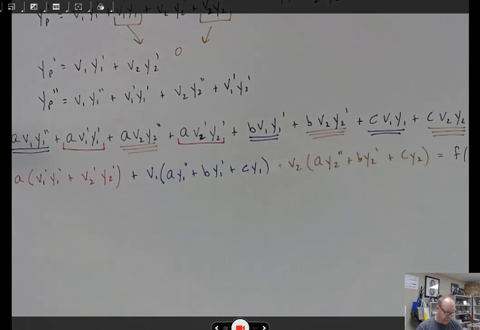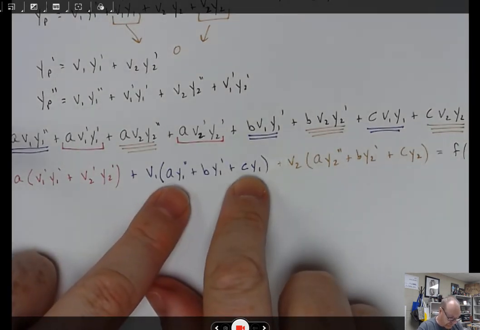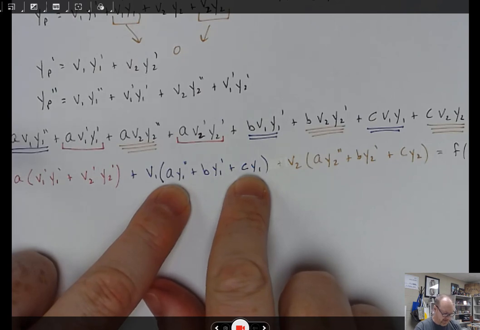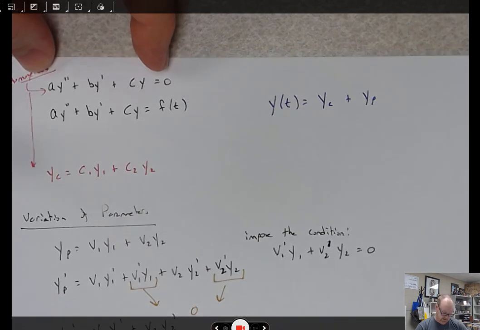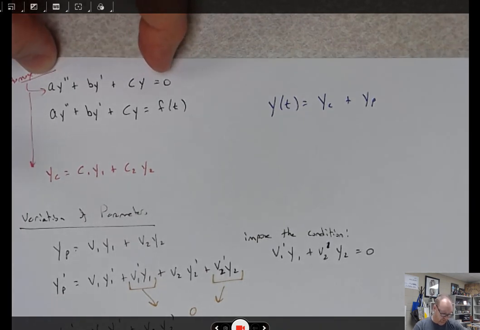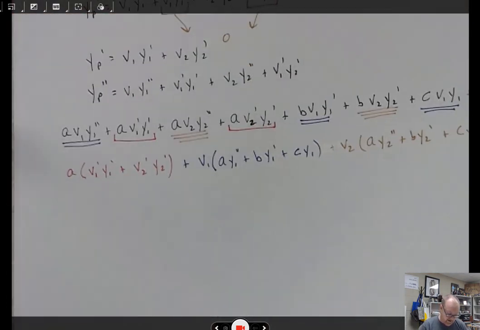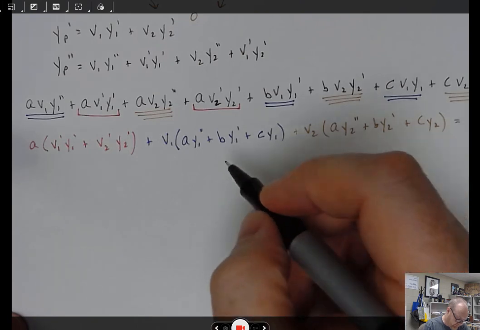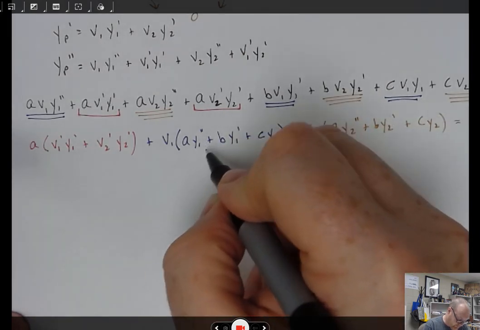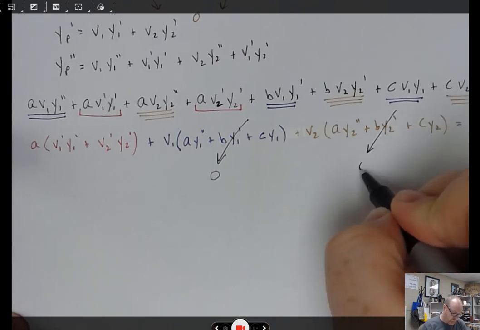Notice what we've created. I have this portion, which is exactly what I've got in the original, and it's happened both times. It's just y1 and y2 being substituted in, but they satisfy the entire equation. So this piece is 0, and this piece is 0.